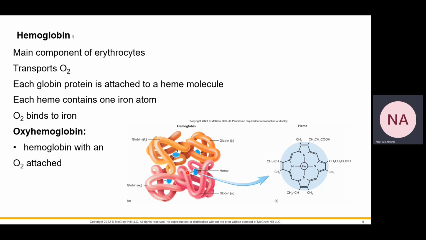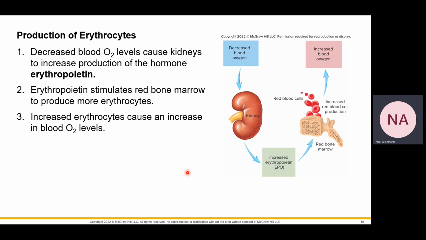So let us continue. As we have said earlier, red blood cells, just like any formed elements of the blood, are produced in our red bone marrow through what stem cell population? Your myeloid stem cells, right? Now, there is one important factor that affects the production of red blood cells in our bone marrow, and that is primarily the oxygen levels in our blood.